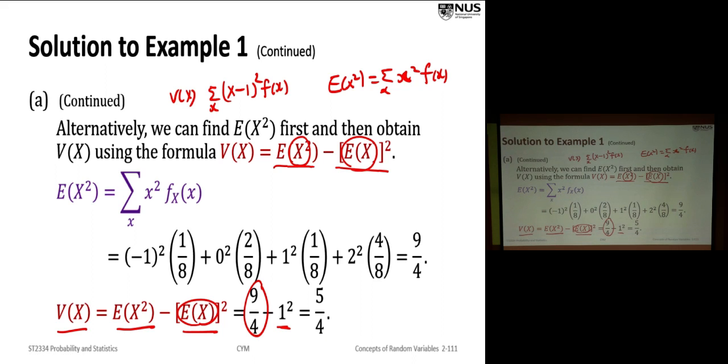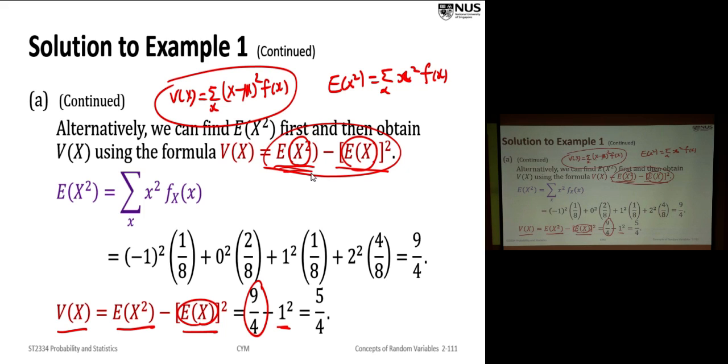Usually, this formula is easier to compute than the definition, x minus mu x. That one is a little bit more complicated. From the computational point of view, you have to find the difference, x minus mu, and then square it.